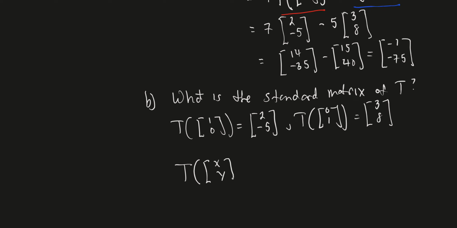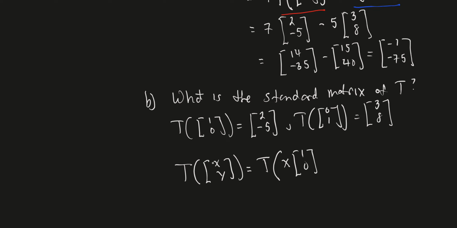in R2, right? Well, I mean, we could do just like what we did in part A. I can write this vector uniquely as a linear combination of (1, 0) and (0, 1). So I can do that same process. And look at what it is. So it ends up being T of x times (1, 0).